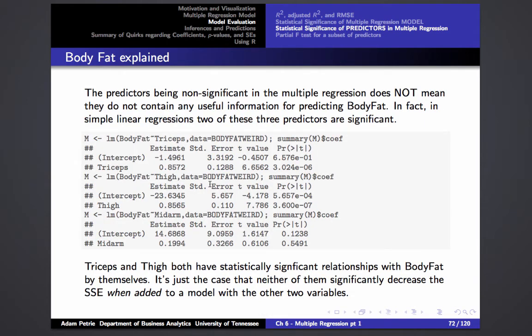Okay, well, which ones look like they're indicative of body fat percentage? Well, in simple linear regressions, we see that triceps is a statistically significant predictor. Thigh is also a statistically significant predictor, but mid-arm all by itself is not.